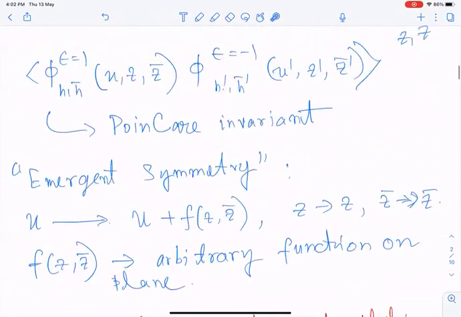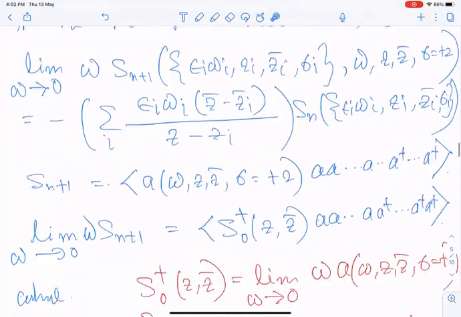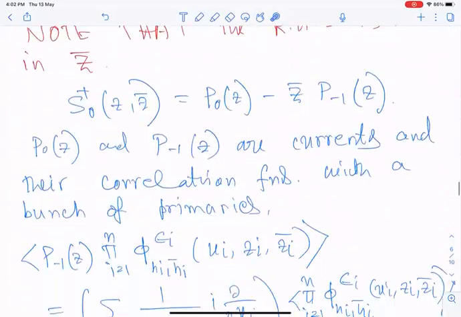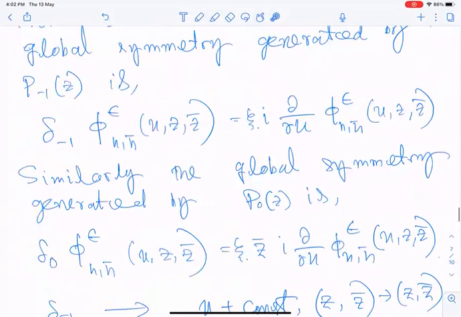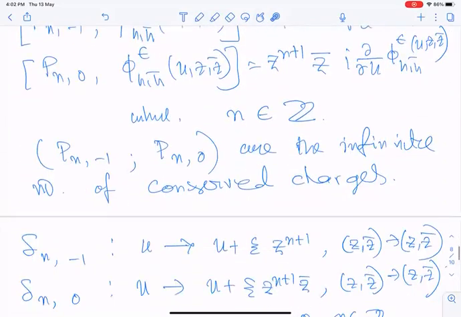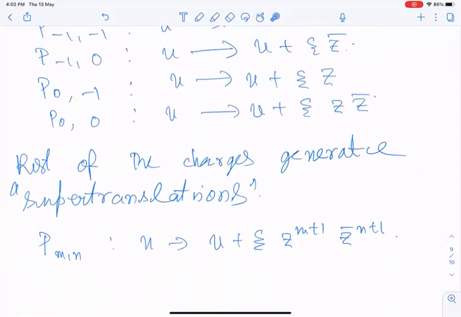So this was visible at the level of the 2-point function in the free theory on Scri plus. And now we see that if we go to the interacting theory, then this leading soft theorem is essentially the Ward identity for these supertranslations. Okay.